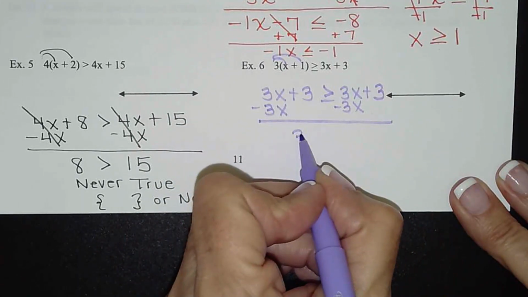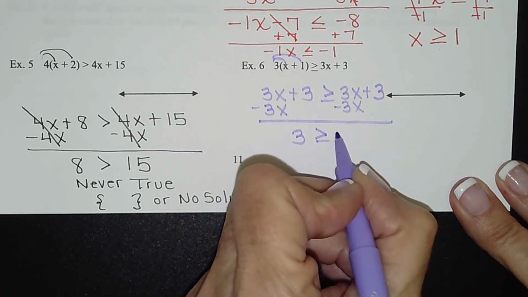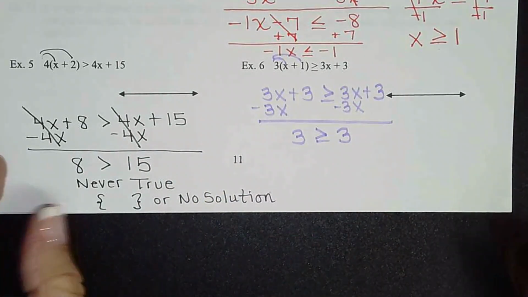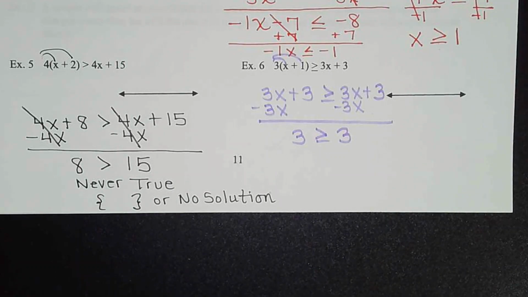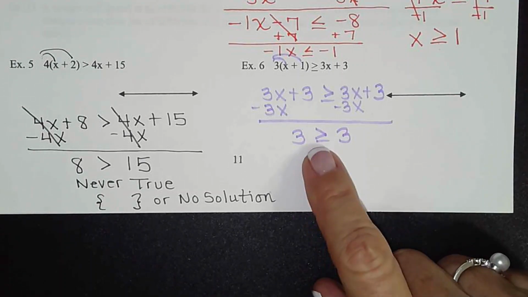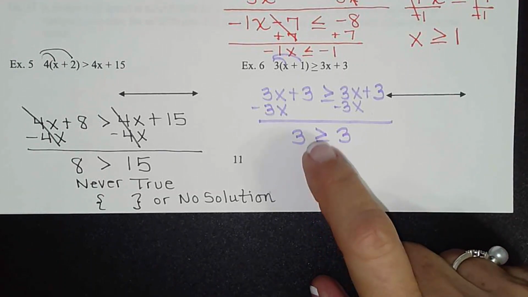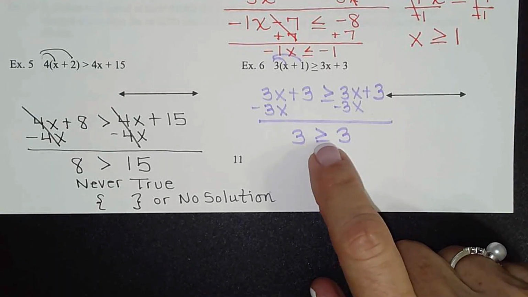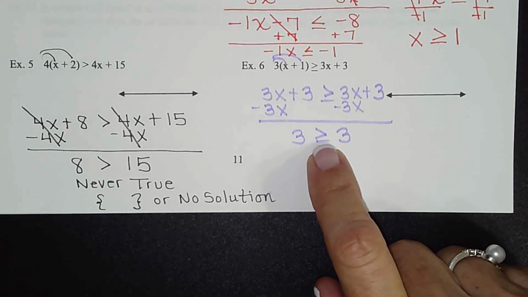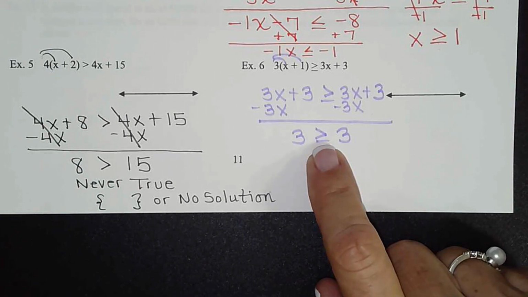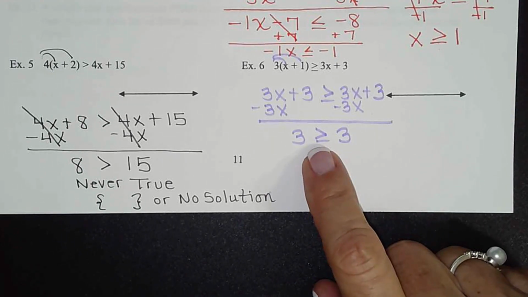And a lot of students have trouble with this one. They don't know whether it's true or false. They go 3 greater than 3. Nope, not true. Well, you got to read that too. It says greater than or equal to. 3 is equal to 3. So this is a true statement.